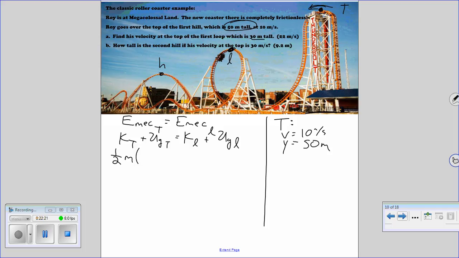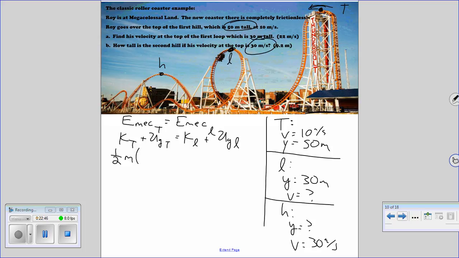Now when we get to the loop, it tells us that it's 30 meters tall, but we don't know the velocity. And then the second hill, this is for question B, we're trying to find out how high it is, but we know that the velocity is 30 meters per second.